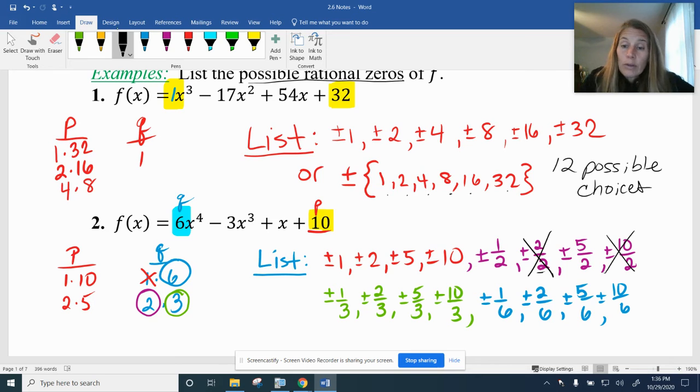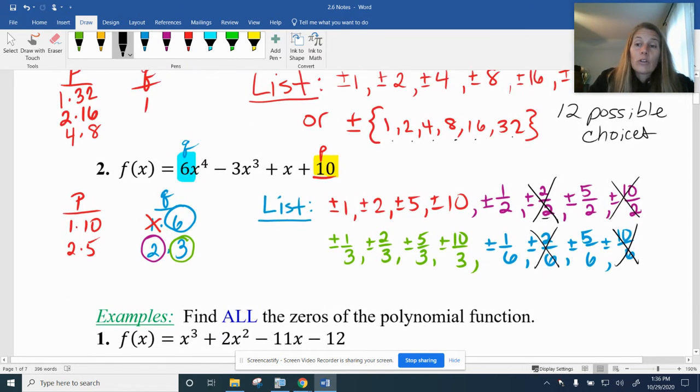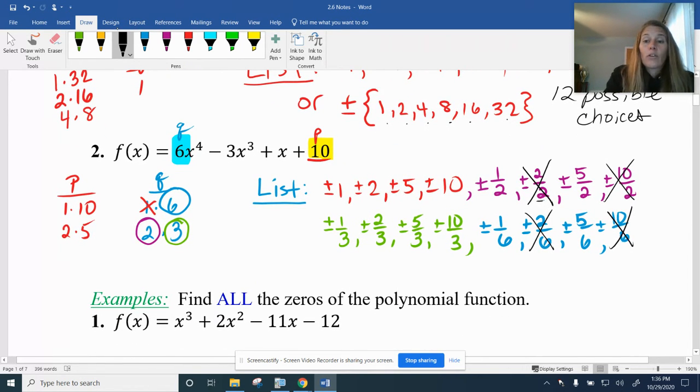1/6, same thing, is already simplified, and we haven't seen that number yet. 2/6, however, can be reduced to 1/3, which we already have in our list. 5/6 is already fully simplified, and it's not a repeat, so we're going to keep it, but 10 over 6 reduces to 5/3, which we already have in our list. So in that situation, these 4 that I've crossed out would not be included in our final list.